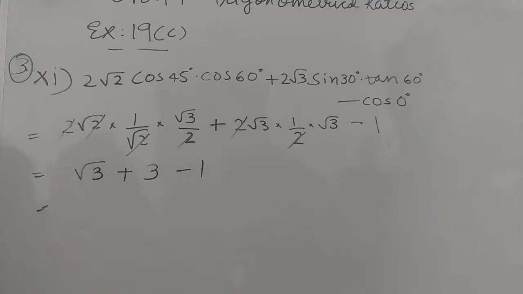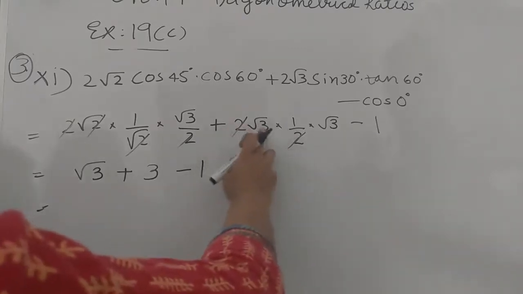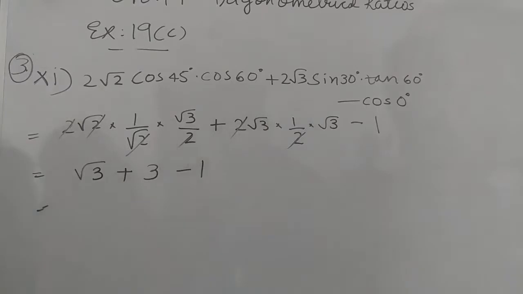So let us check again what our mistake is. We again recheck whether all the terms are correct or not. Okay, cos 45 is 1 by root 2. Then cos 60 degree is 1 by 2. Here cos 60 we placed 1 by 2, that is also correct.